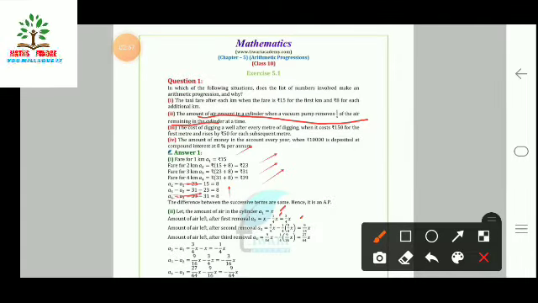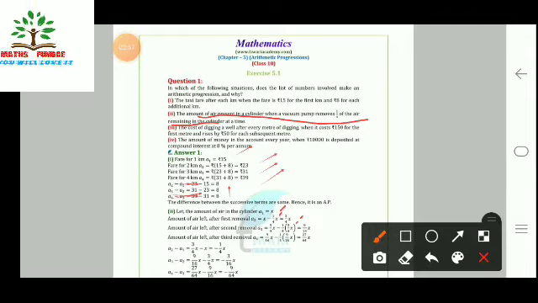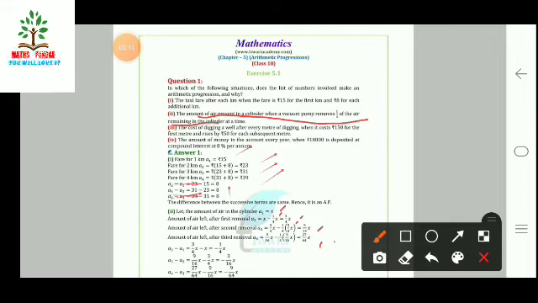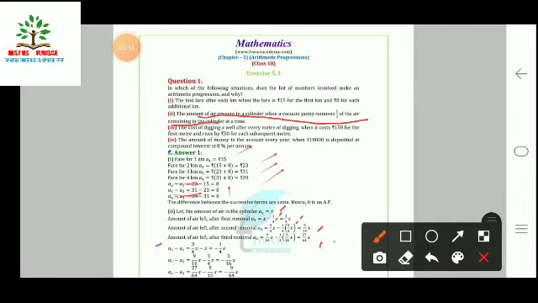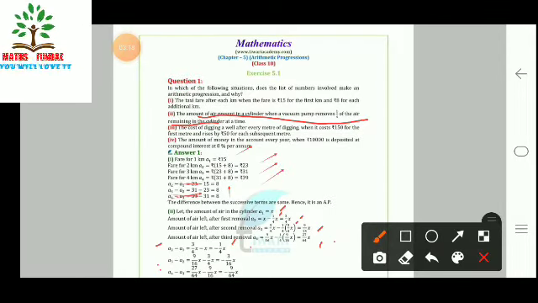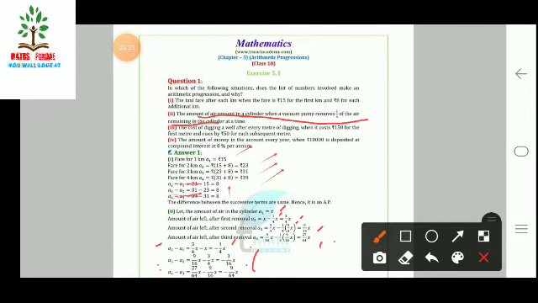After the second removal, 3/4x minus 1/4 of 3/4x is equal to 9/16x, and after removing 1/4 of the remaining, the result is 27/64x. When we find the differences, a2 minus a1 is equal to minus 1/4x, a3 minus a2 is equal to minus 3/16x, and a4 minus a3 is equal to minus 9/64x.